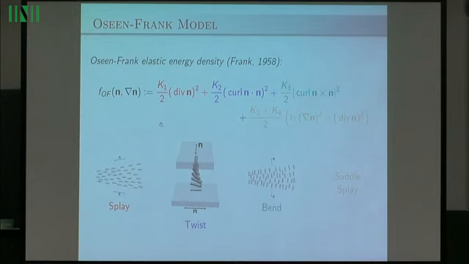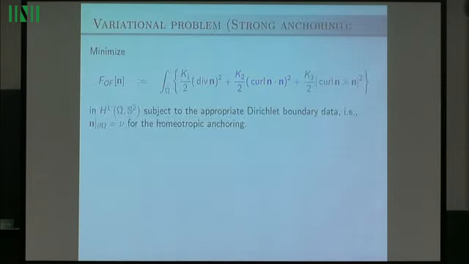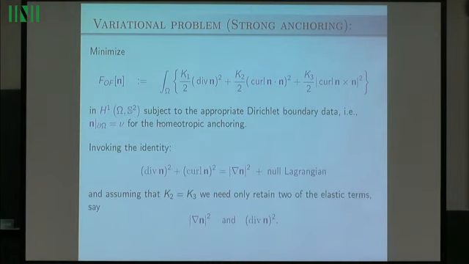So my goal is to understand what is going to happen to minimizers of this energy when the elastic constants, typically people consider elastic constants to be equal, and in my case I want to understand what is going to happen when the elastic constants are very different. Just one comment here. We're going to work in R2 actually.